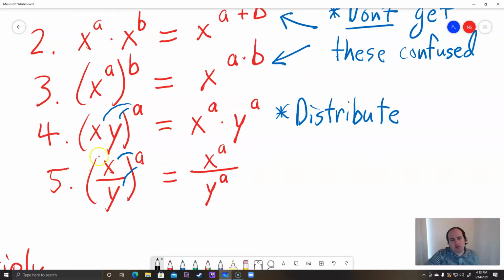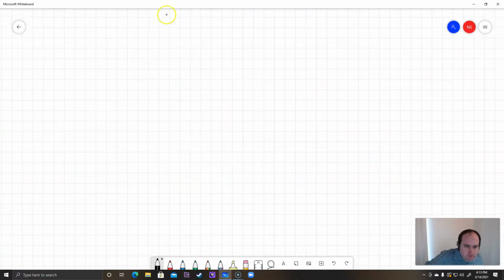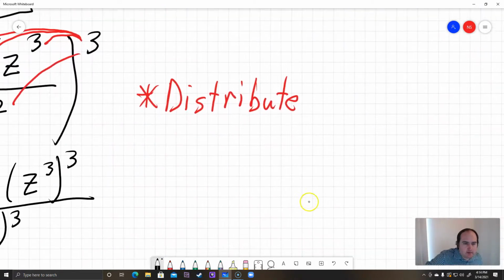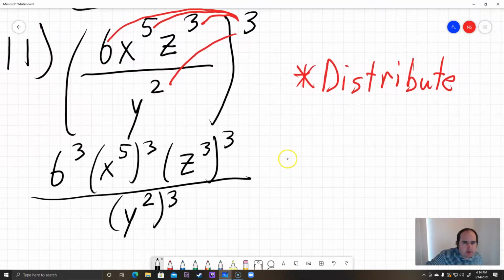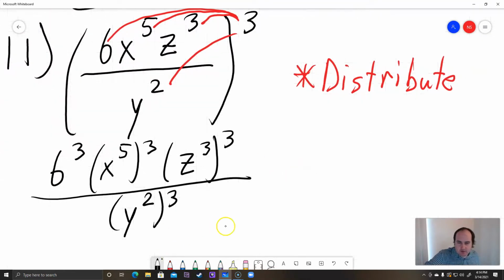In other words, rule number 4 and rule number 5 basically say the same thing, which is if you have parentheses around something and it has multiple factors on the top and the bottom, you just distribute that exponent to every single factor, as long as nothing has more than one term. Okay, cool. So that's actually a nice technique for doing these.